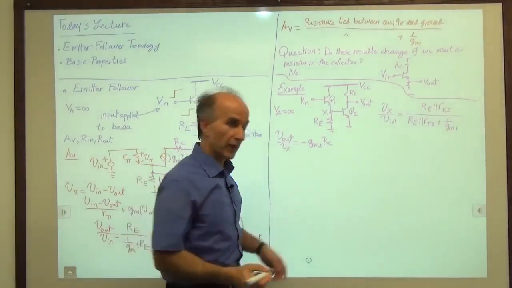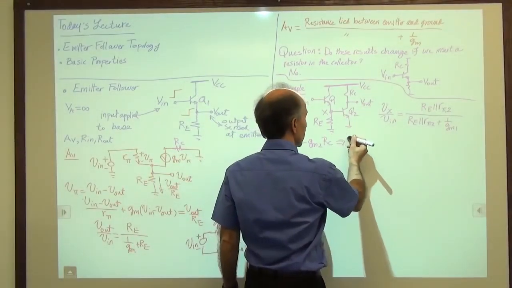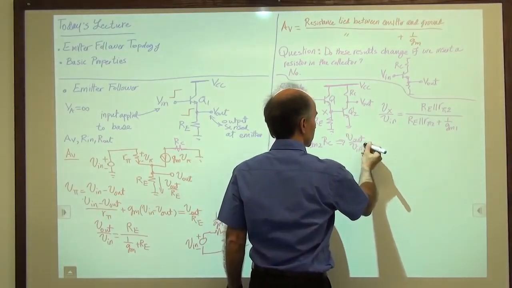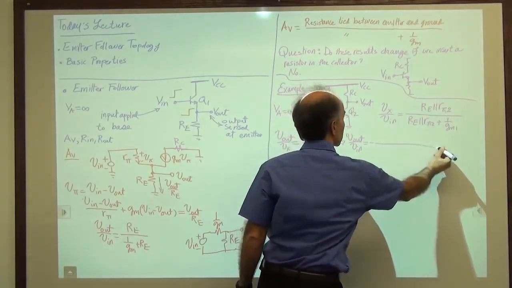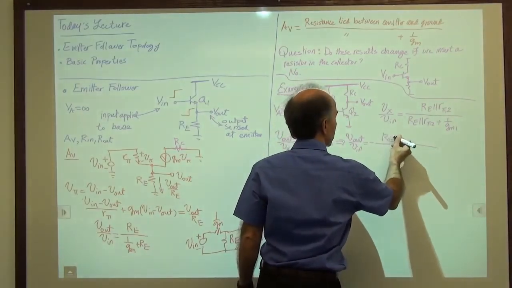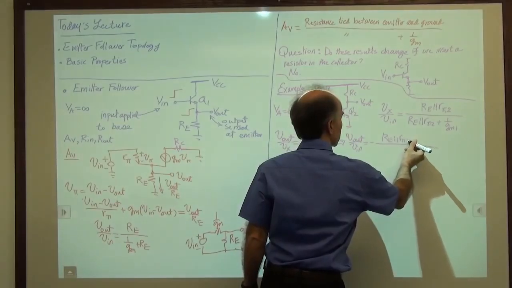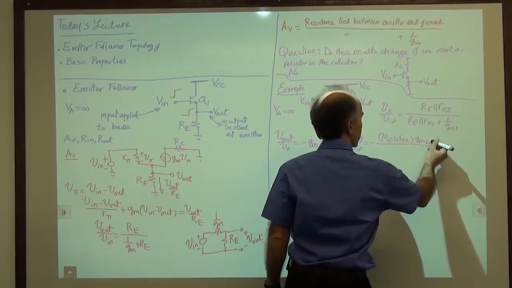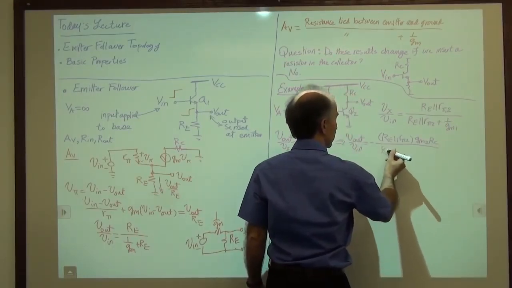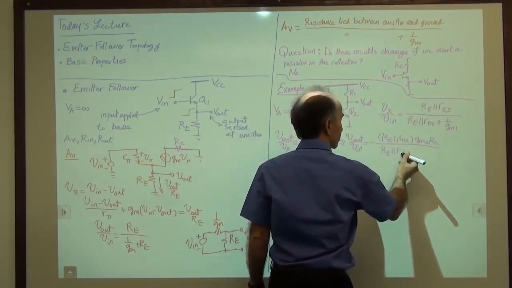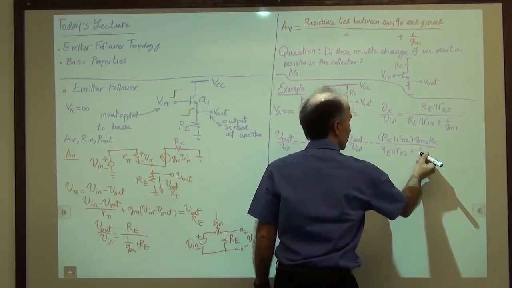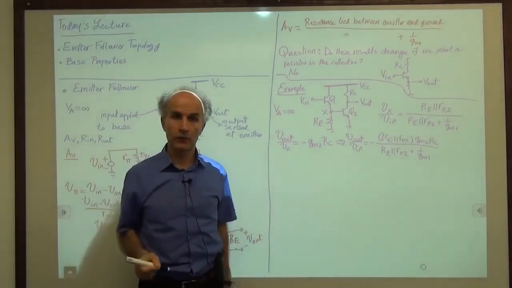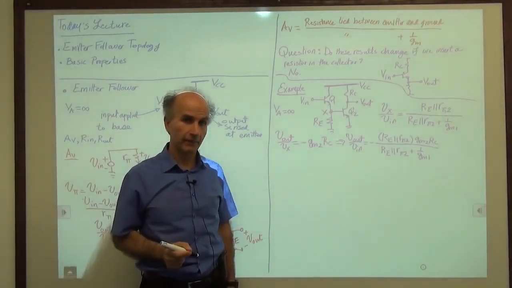That means that the total voltage gain, V out over V in, is the product of these two, right? So we have minus RE in parallel with R pi 2, multiplied by GM2 times RC, divided by RE in parallel with R pi 2 plus 1 over GM1. So that is the voltage gain of the cascade.